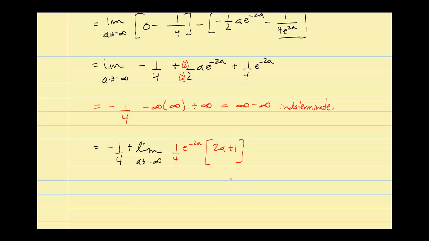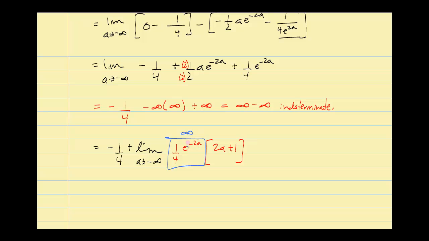Okay, so does this make it any easier to determine what's exactly going on here? Well, we could actually look at this one of a couple ways. We are actually ready to take this limit right now. This piece right here would go toward positive infinity because I have a negative 2 times a negative infinity.